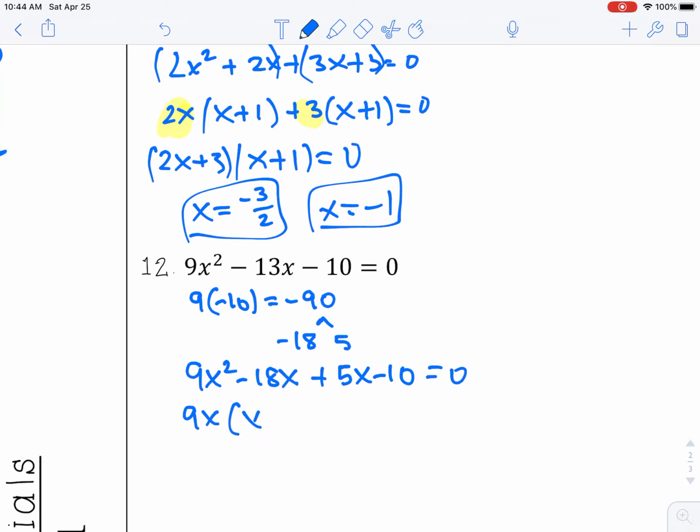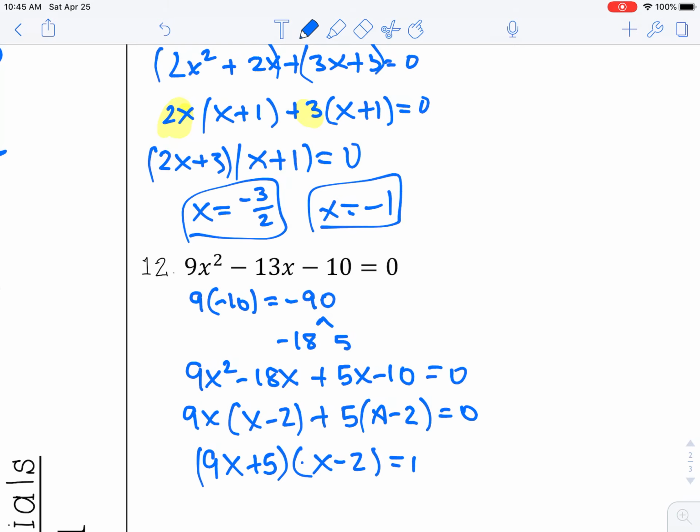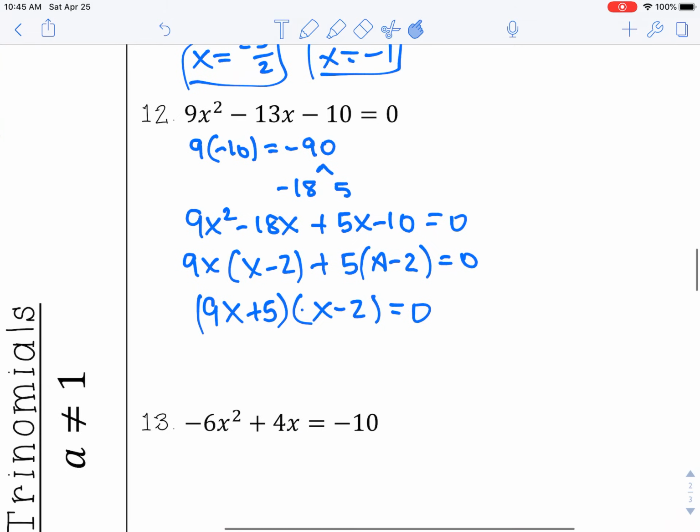Factor out a 9x. Factor out a 5. Then group. Set each equal to 0.